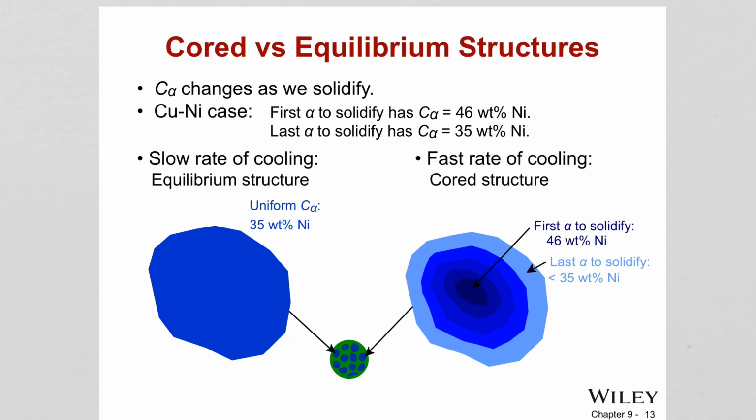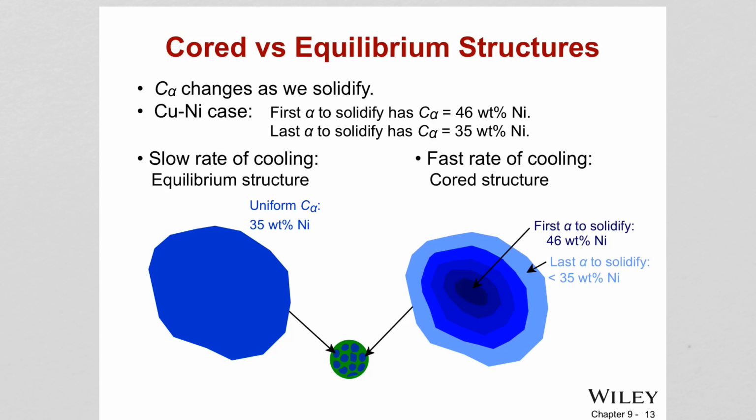Now, there are differences between doing a slow cooling and fast cooling, and the phase diagrams are obtained for slow cooling rates, when we provide enough time for atoms to diffuse into their equilibrium structure.